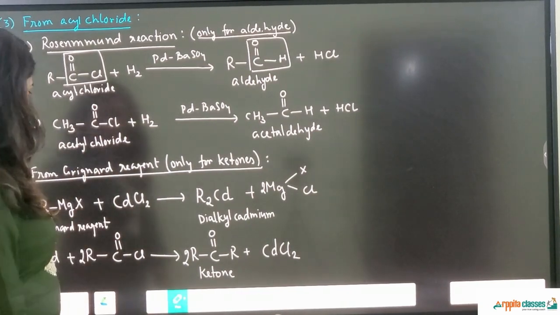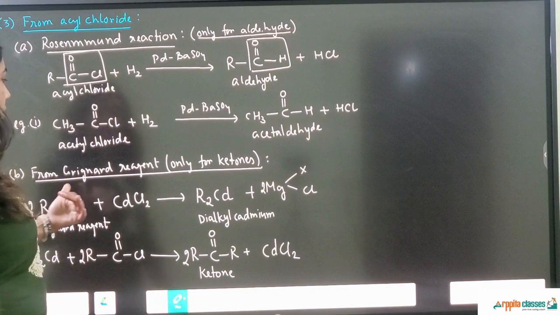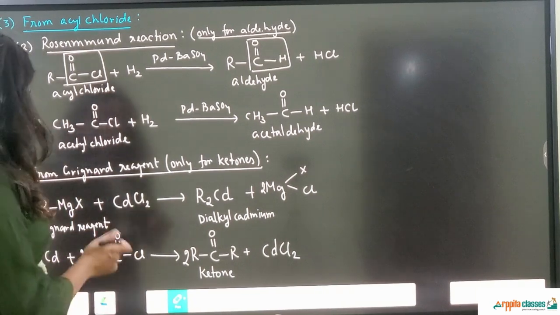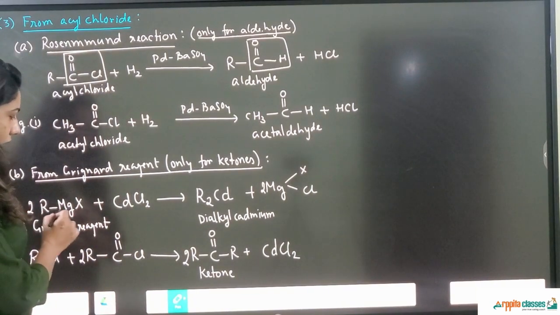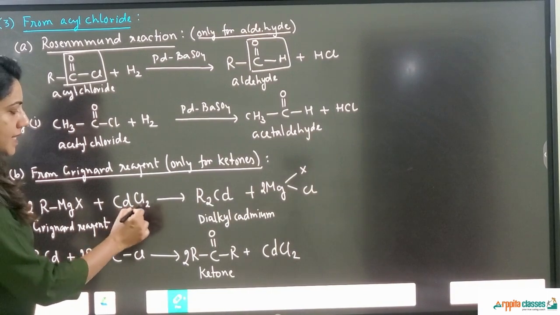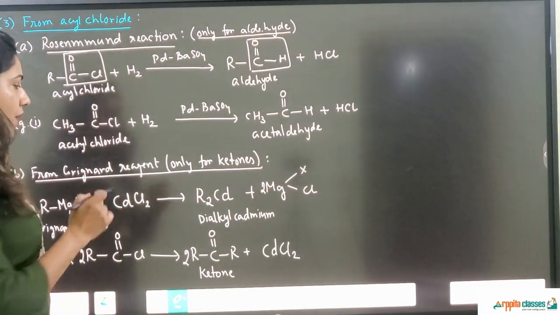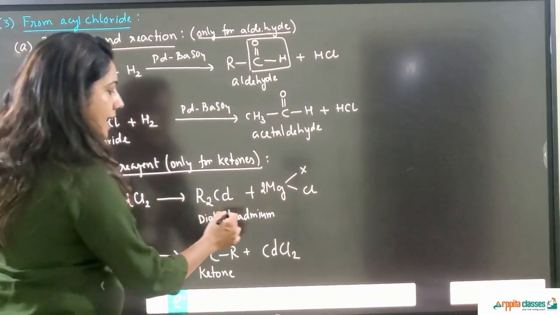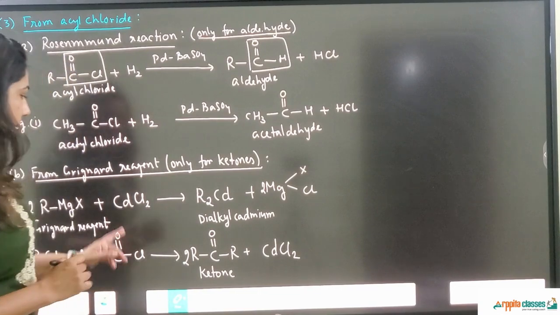Very important. Next reaction is from Grignard reagent and it is applicable only for ketones. Here we are taking Grignard reagent RMgX and CdCl2, a salt, cadmium chloride. First of all we are getting R2Cd, which is called dialkyl cadmium, and magnesium.